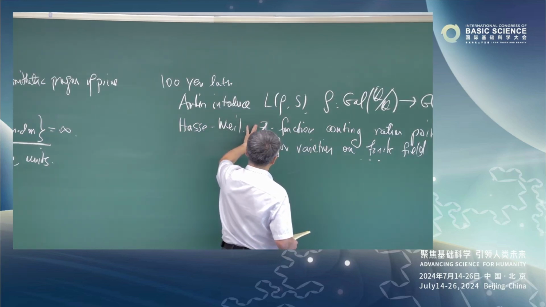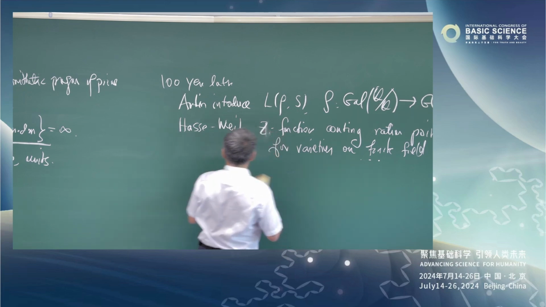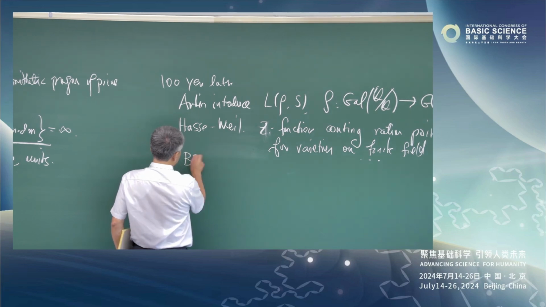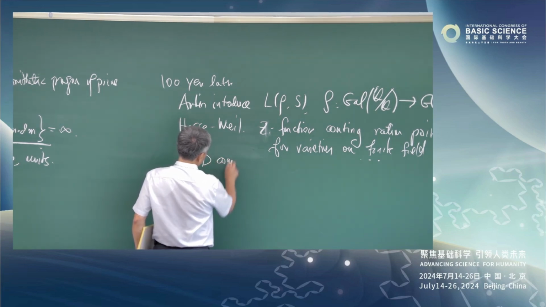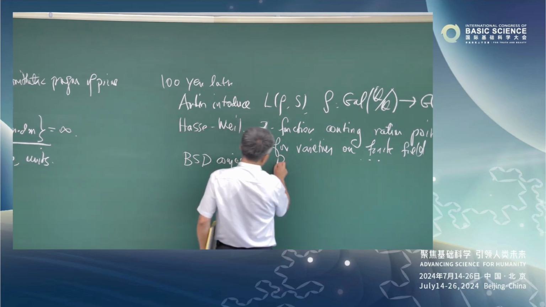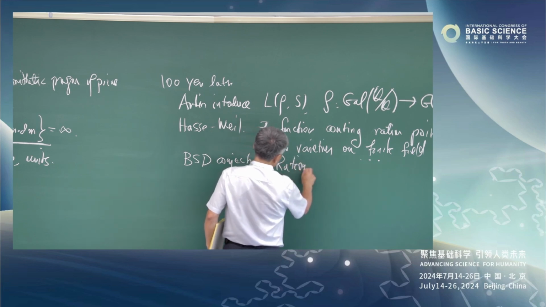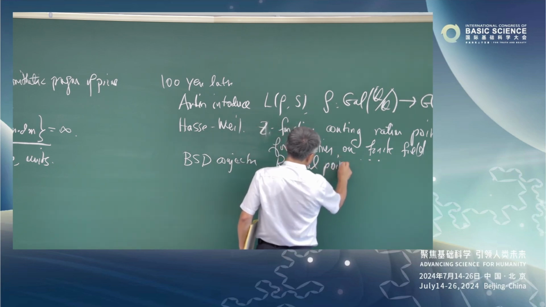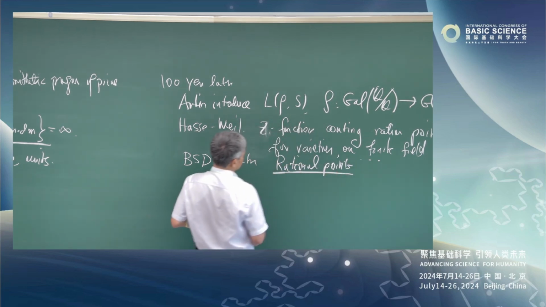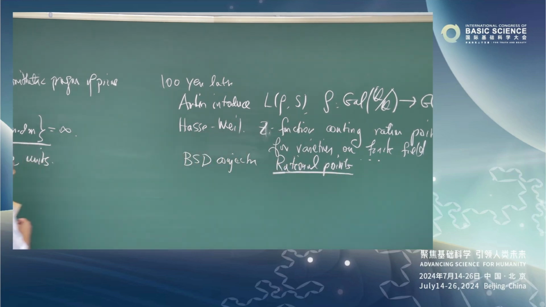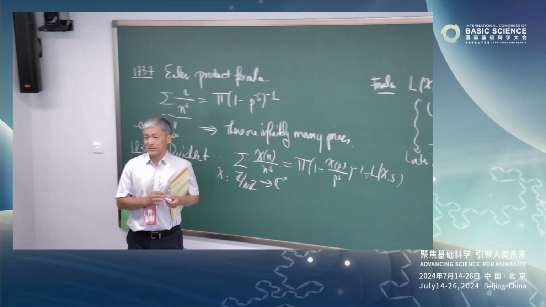This one has become a very important tool to study rational points in Diophantine problems. So it's quite an amazing story that L-functions in number theory have been with us for over 300 years.